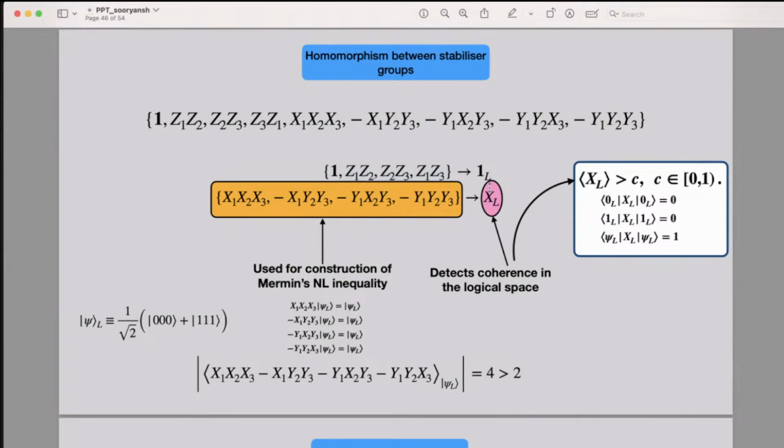So we look at all the homomorphic images which get mapped to this XL, or in higher dimensional systems, XL square or XL cube. This group theory makes it easy to identify the operators we should look at for the construction of non-locality or entanglement inequalities.